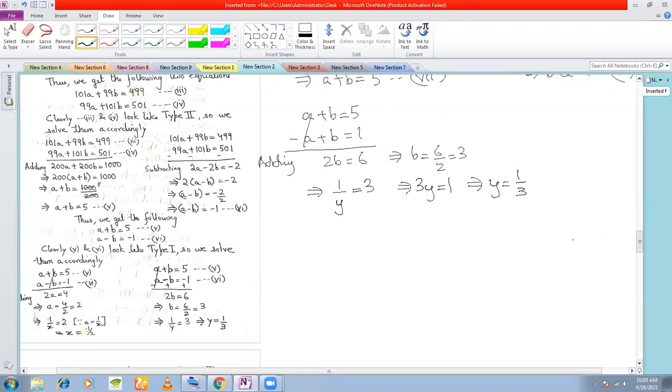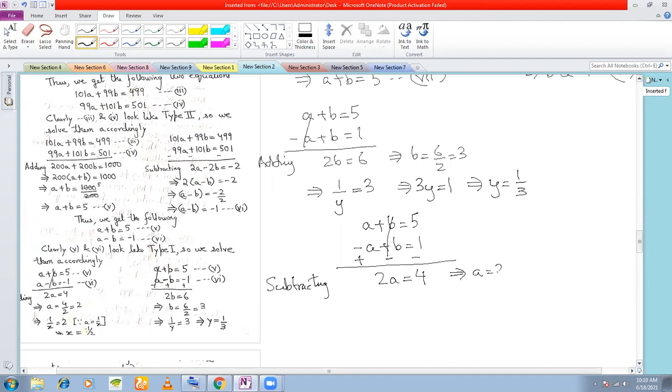In order to get the value of a, you subtract the two equations. Or you can put the value of y in 1 or 2 also. Okay. So minus a plus b is equal to 1. Subtracting. So this will cancel this time. And here you get 2a is equal to 5 minus 1, which is 4.